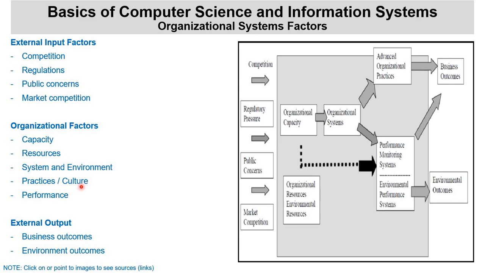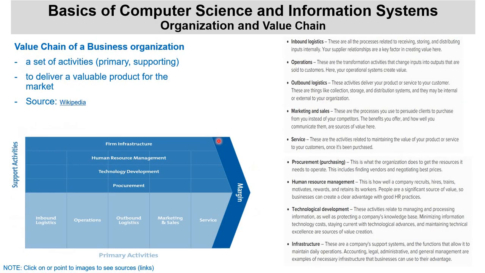So when you take all these factors into account, you can measure them when you see the business outcomes or the environmental outcomes, and that can help you reevaluate your whole system and make certain decisions. So these are the factors organizations need to consider each time to make better decisions and put systems in place that work for your organization.